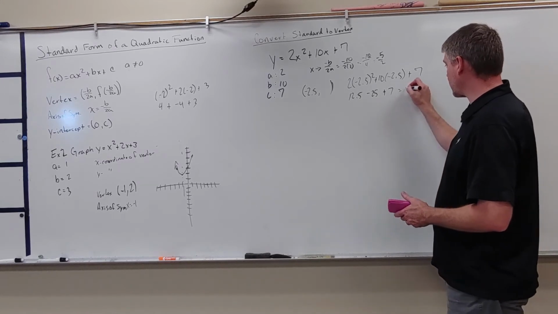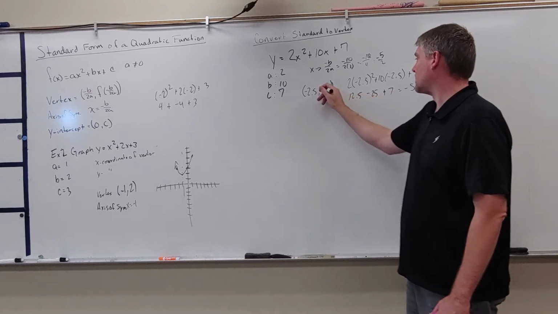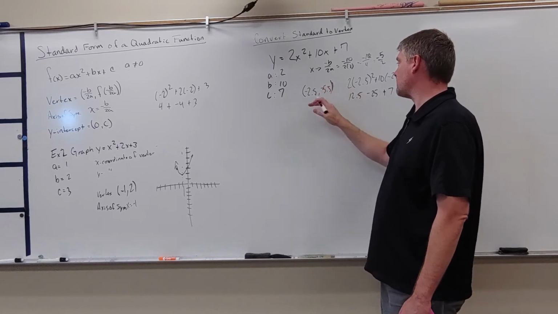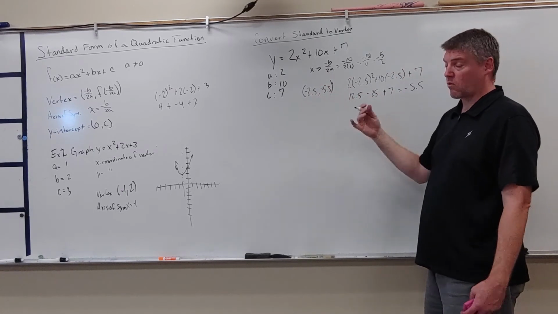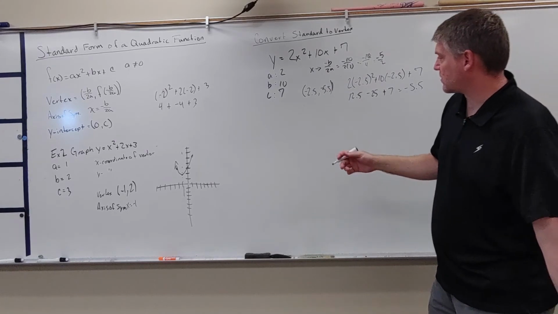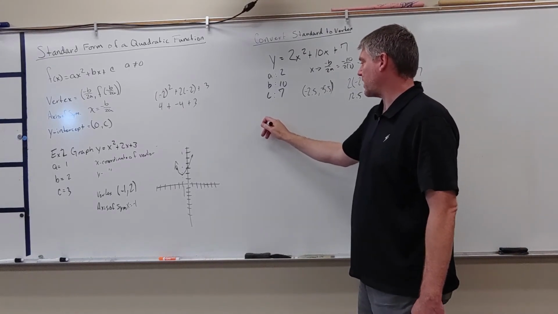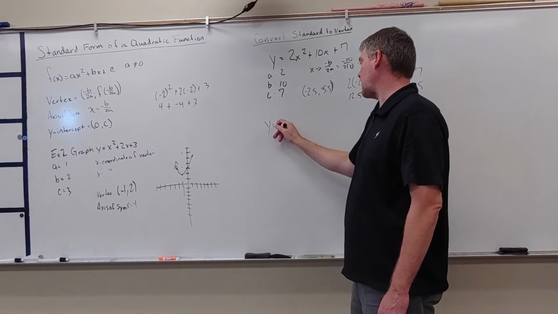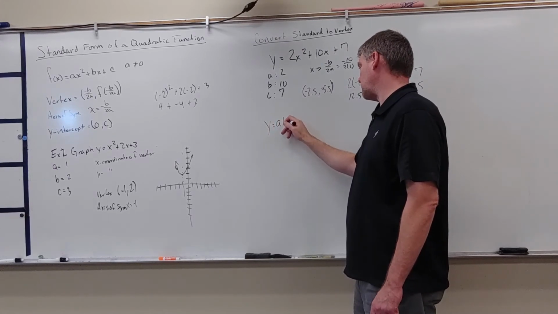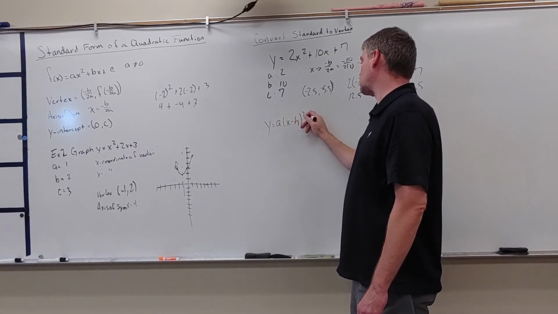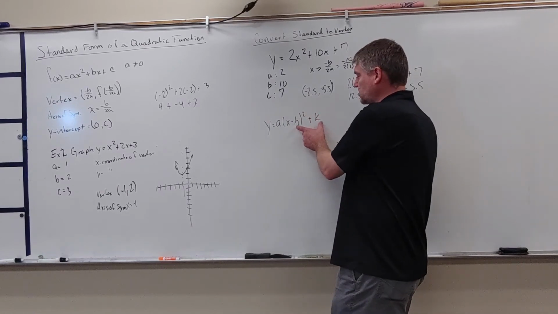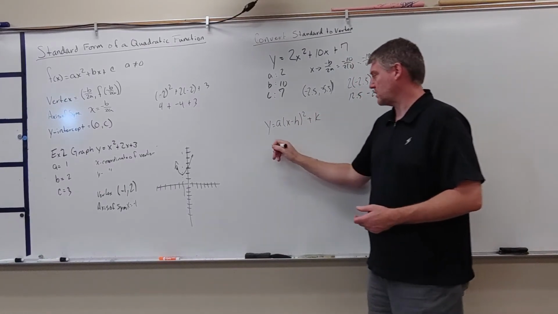Here we get a grand total of negative 5.5. So negative 5.5. There's my x, there's my y. So now I can plug this into vertex form. If you remember, vertex form is y equals a times x minus h squared plus k, where h, k is my vertex.